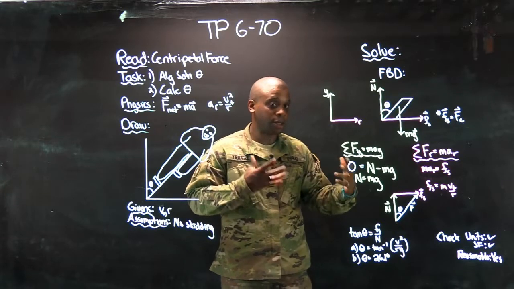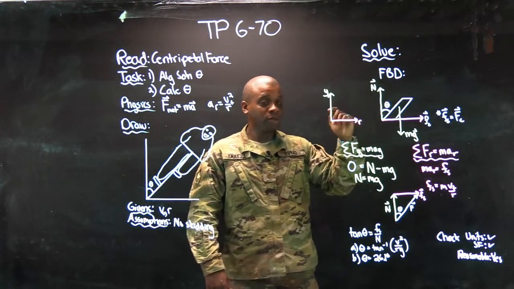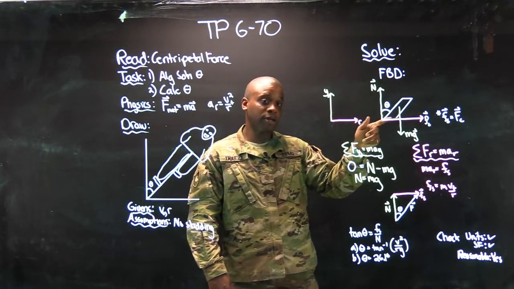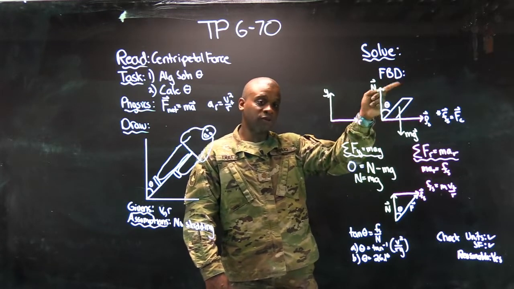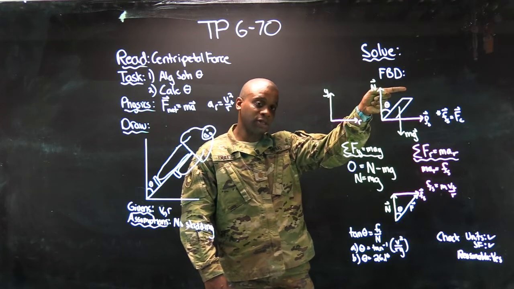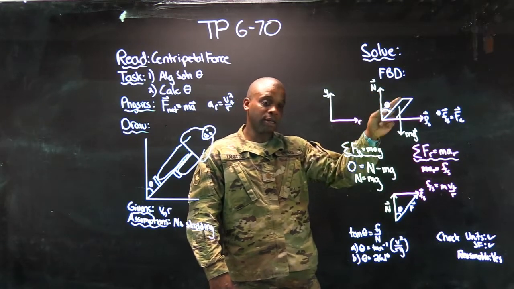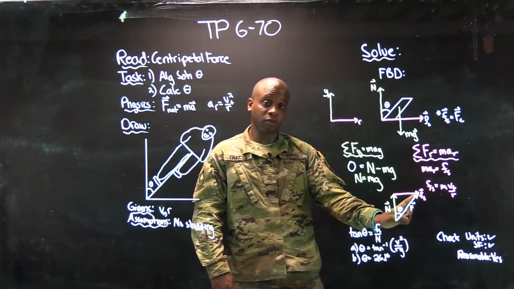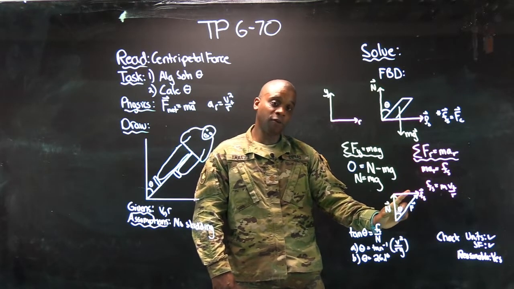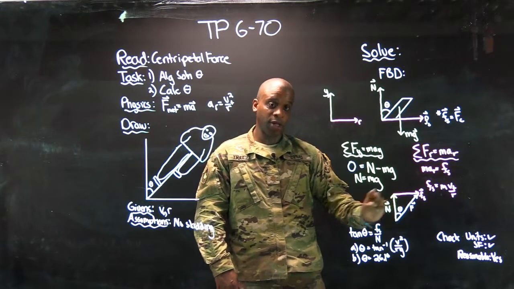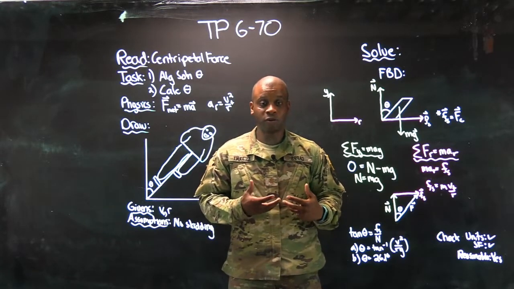Okay? Now, in the book and in my free body diagram I have here, when I combine the normal force with the static force of friction, I get a resultant F. Well, that resultant F is at the angle theta from the normal, and that's the angle we're trying to solve for.